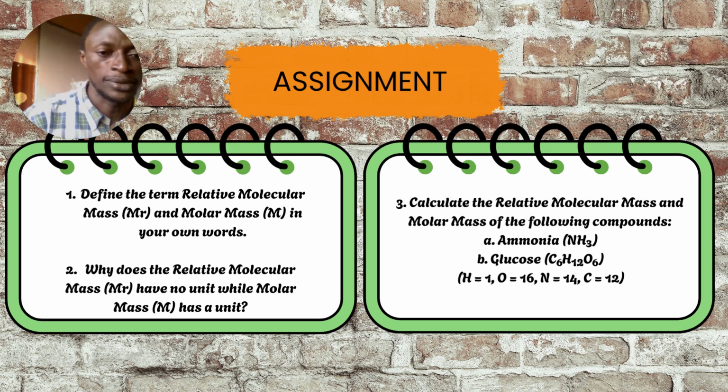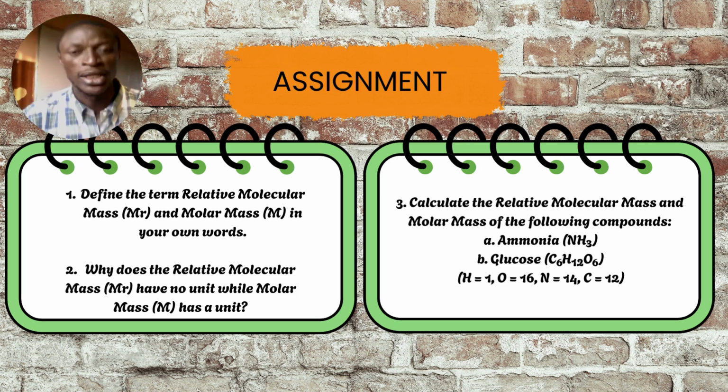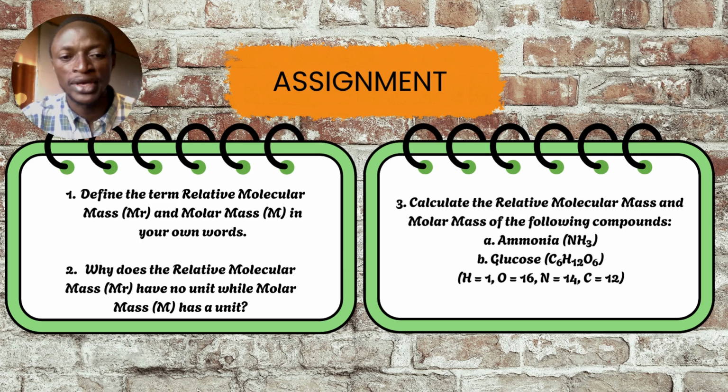Then the last question there is to calculate the relative molecular mass and molar mass of the following compounds: ammonia, glucose. The Ar of these elements are given. I believe that you should be able to do this, and please do it.